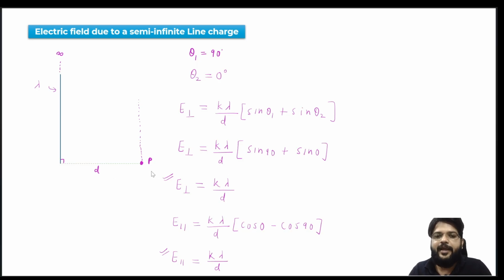Alright, now we want the direction of the net electric field at the P point, and we also want the net magnitude. So both things we want. First of all, we are finding the net electric field. E net can be written as under root E perpendicular square plus E parallel square.